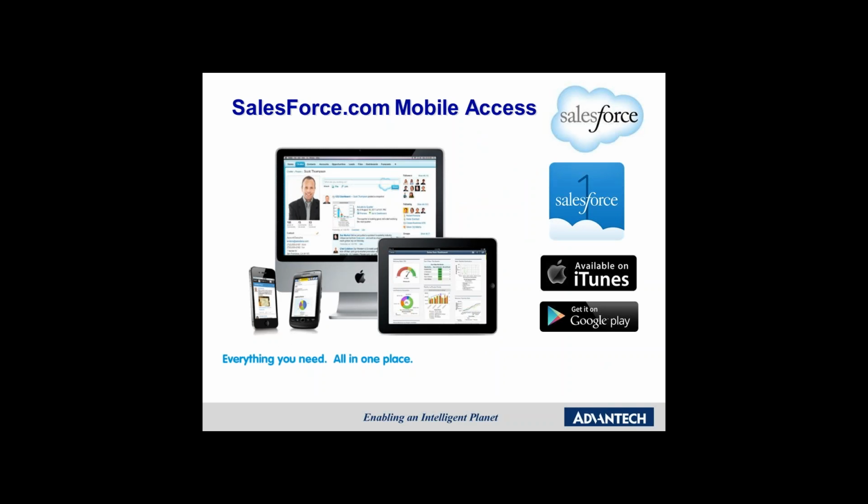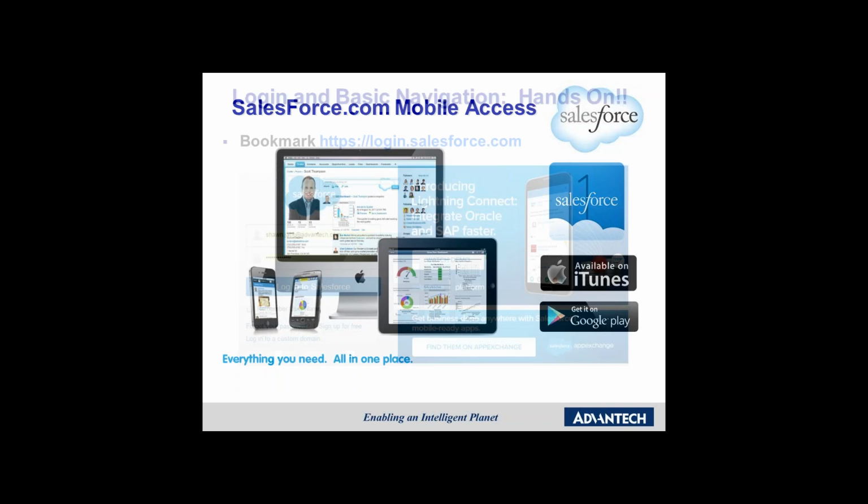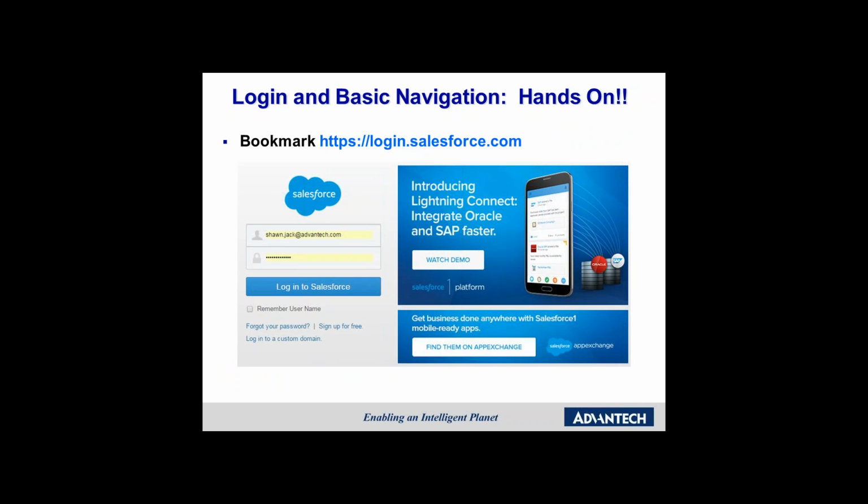I don't have a Windows Phone, so I'm not sure where to find that, but I believe there is a Salesforce One app as well for Windows. So pretty much any mobile device now that we're carrying, smartphone or tablet, can have access to Salesforce. And then obviously if you're using your notebook or your desktop computer, just going through your web browser, Chrome, Firefox, or Internet Explorer, you can access Salesforce.com as well.